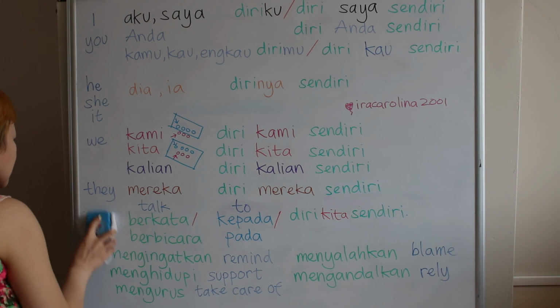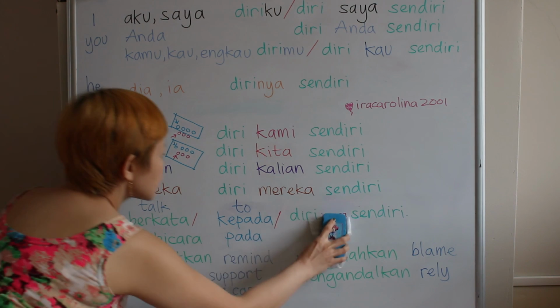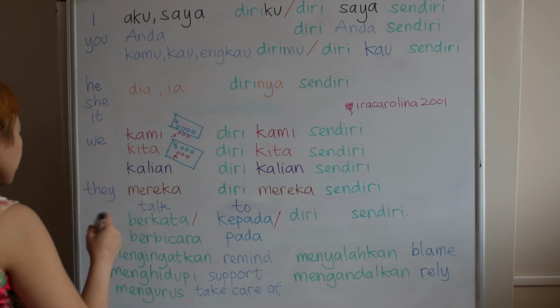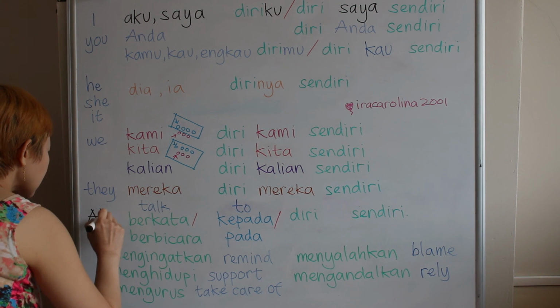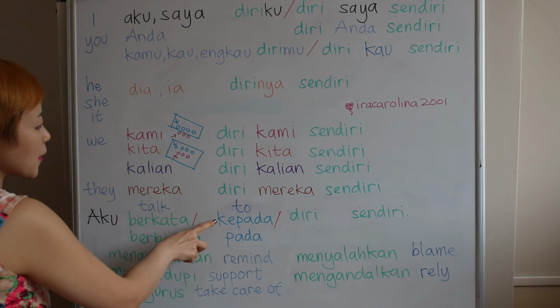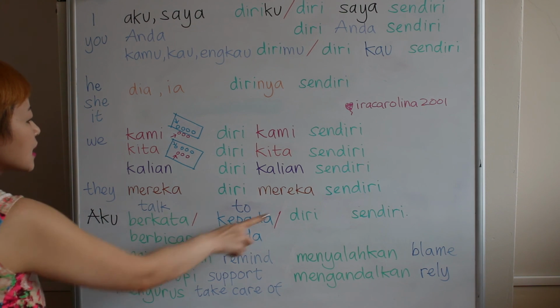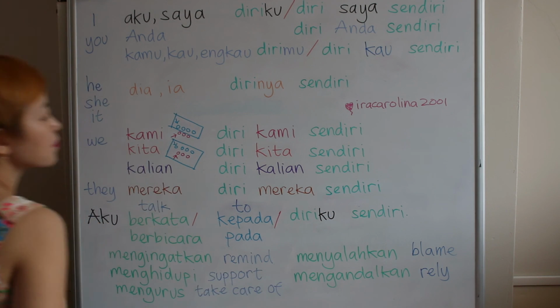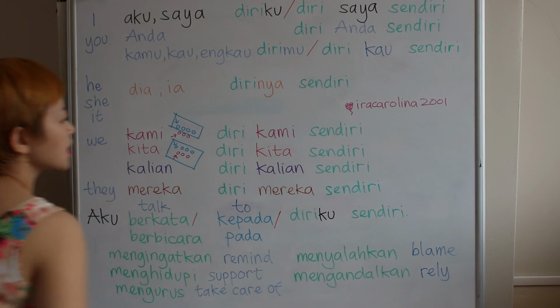If we change this kita into aku or I, aku berkata or berbicara kepada or pada diri. Remember, together, diriku sendiri.